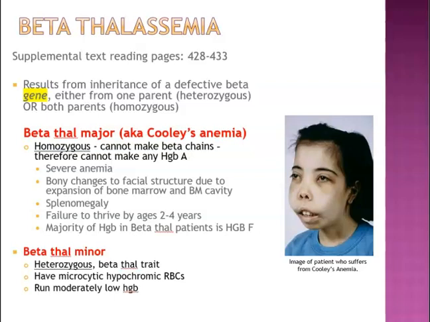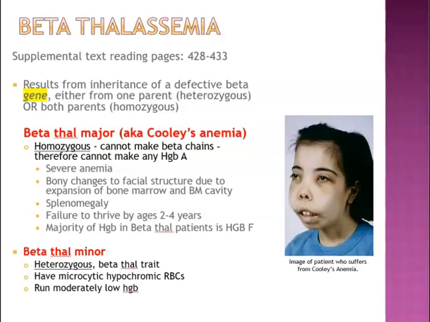And the majority of hemoglobin in beta thal patients is hemoglobin F because they cannot make that hemoglobin A. So remember, you have hemoglobin F as an infant, so that's usually the hemoglobin that you're going to have as a beta thalassemia patient, because you cannot produce that hemoglobin A.